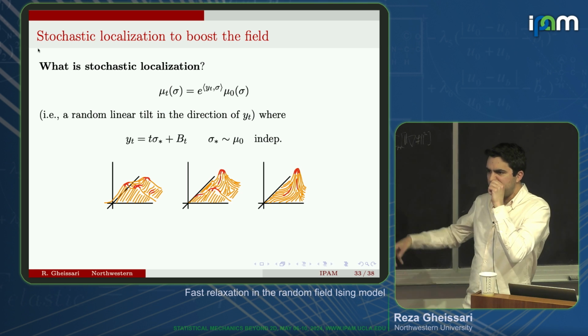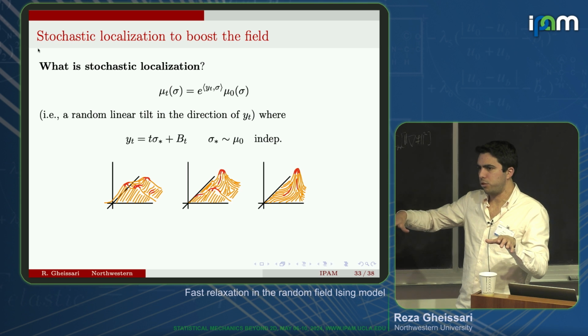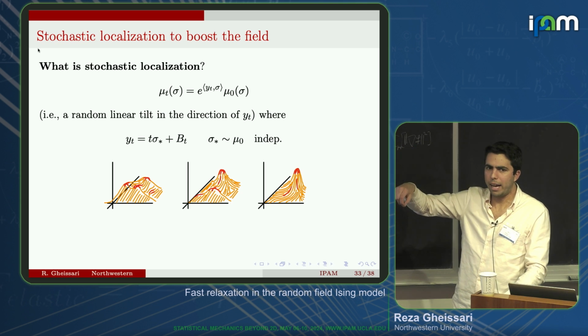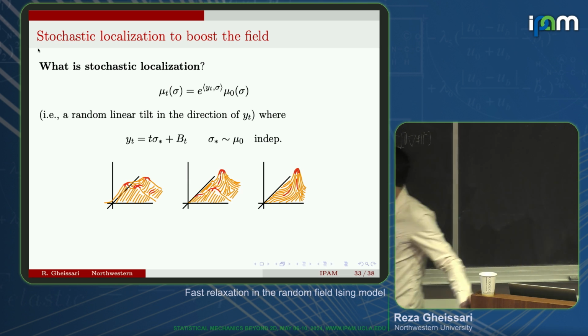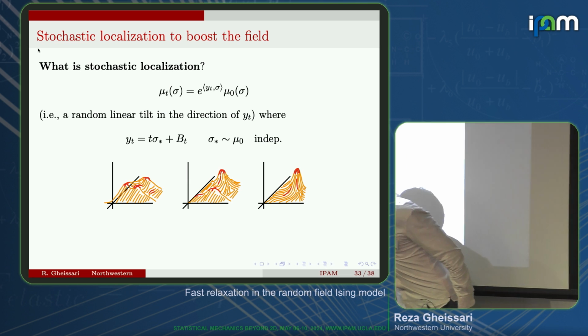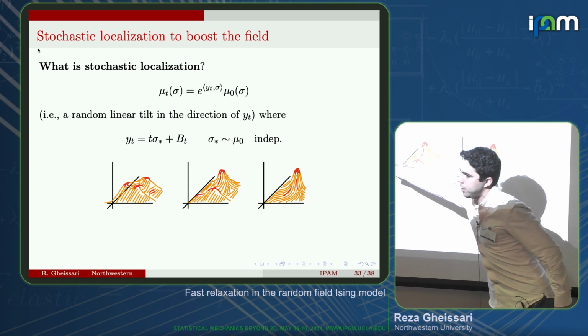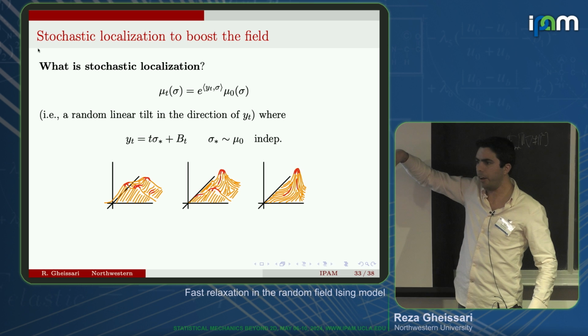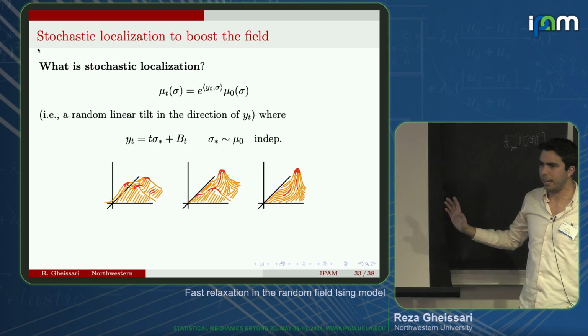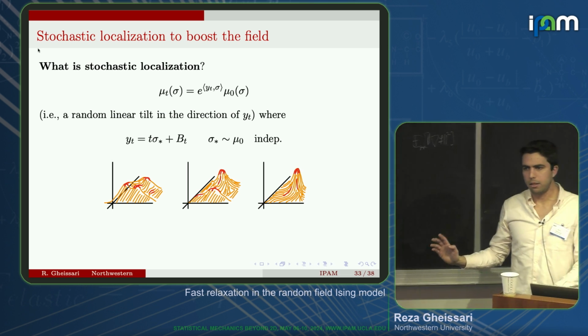And so what that does is it localizes your distribution around a Dirac mass at a sample from the distribution itself. So I draw a sigma star from the initial measure, it's that point, and then I kind of randomly localize this measure around that point. That's what the stochastic localization process is.